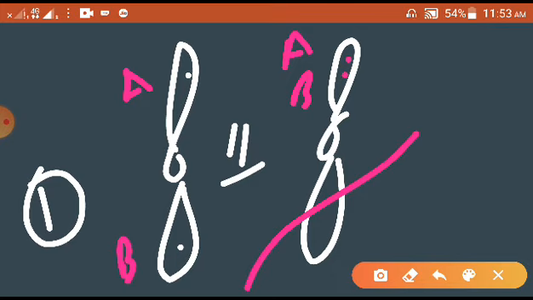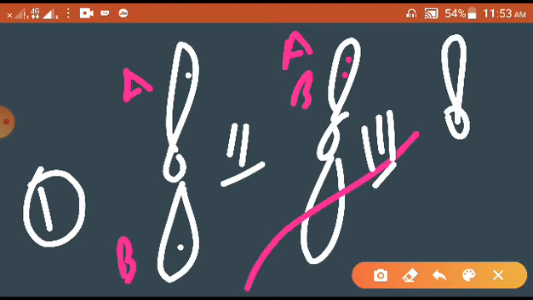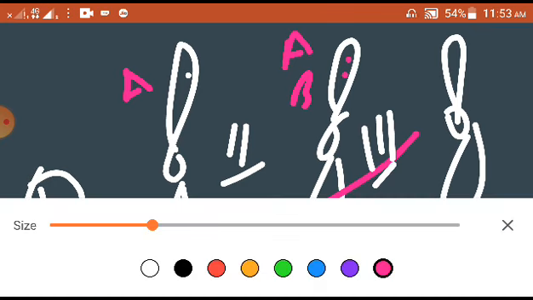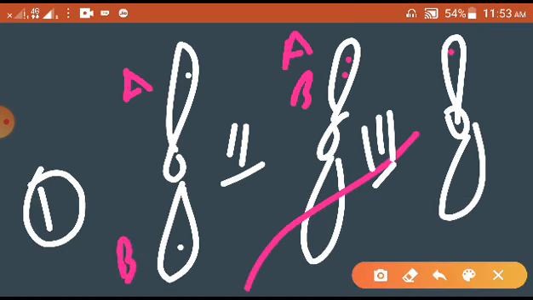Now we see condition 3. What is happening in condition 3? Suppose the genes which are present, one is here and another is like here. What will happen?